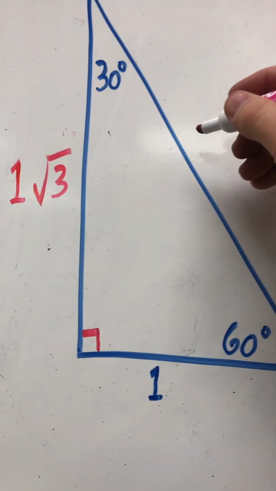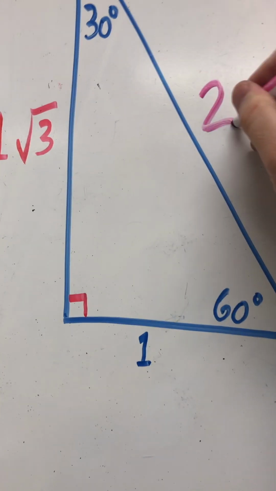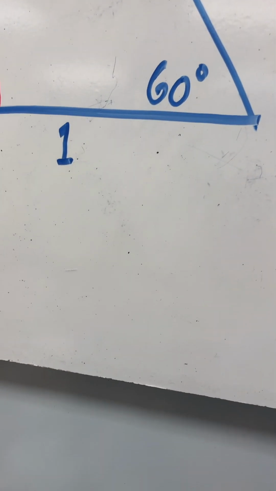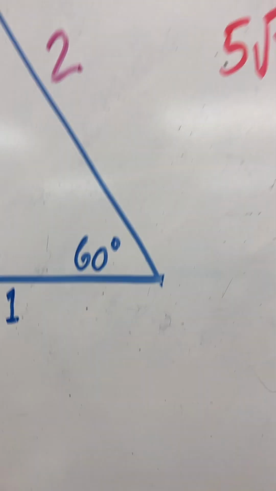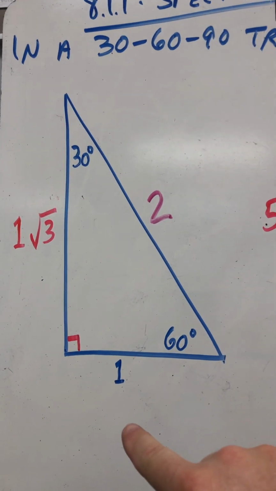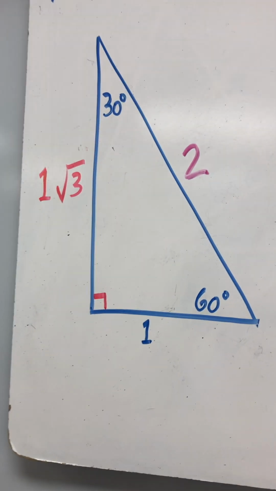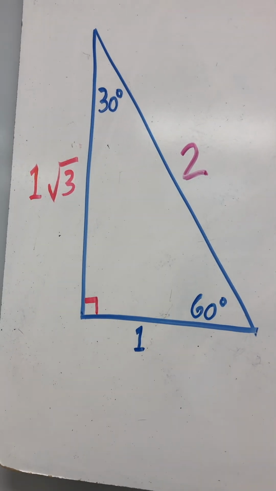And if the long leg is 1 square root of 3, by the way, to get the hypotenuse, you just double it. That's going to be 2. So if the short leg is 1, you double it to get the hypotenuse, that's 2. And you do times square root of 3 to get the long leg.